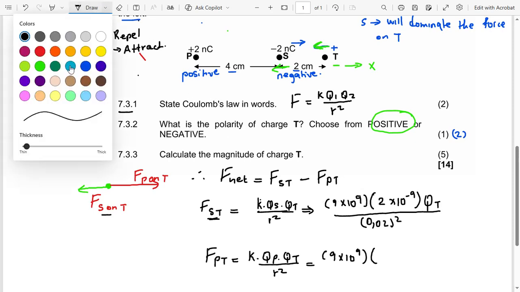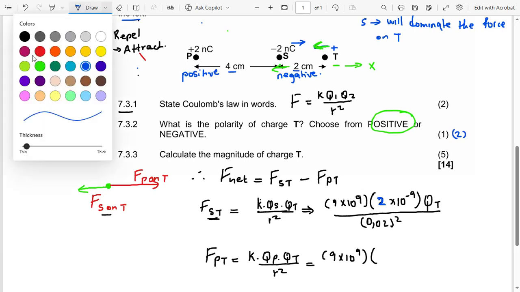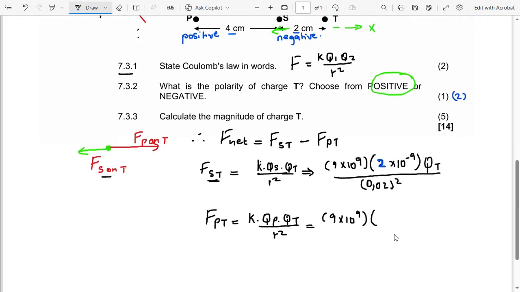You can see that when I calculated the electrostatic force, I did not include the negative and the positive. I just said 2, which is the same thing that I need to do now. So this will be 2 multiplied by 10 to the power negative 9 after conversion. We don't have the charge T, so I'm just going to leave that as QT.